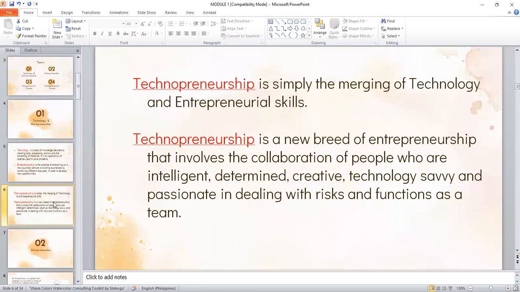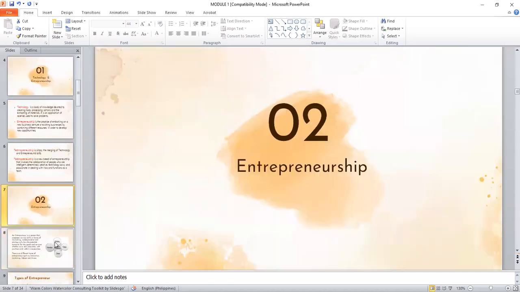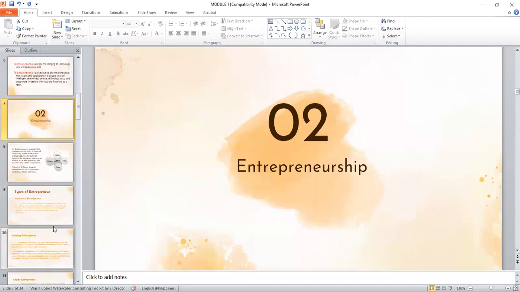So not single proprietorship as in entrepreneurship. So this is how the term technopreneurship came into view. So we marry the two words, entrepreneur and technology.